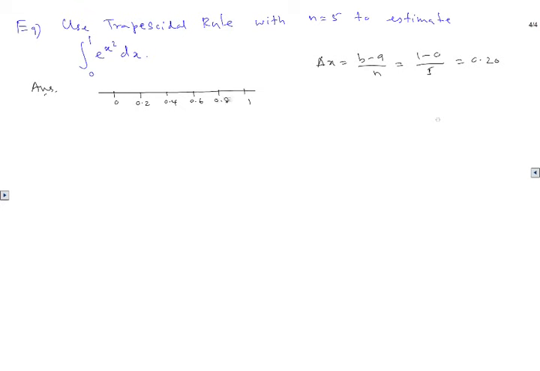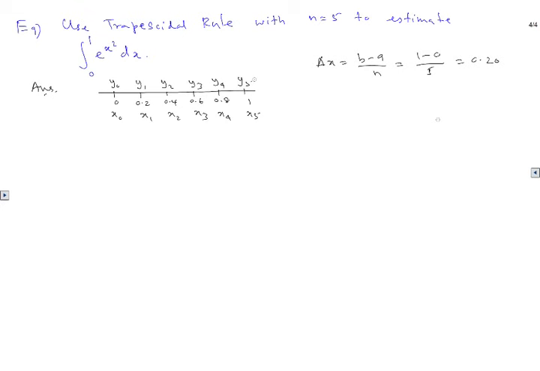Those are the x values. We can call them x0, x1, x2, x3, x4, and x5, and the corresponding y values are y0, y1, y2, y3, y4, and y5.